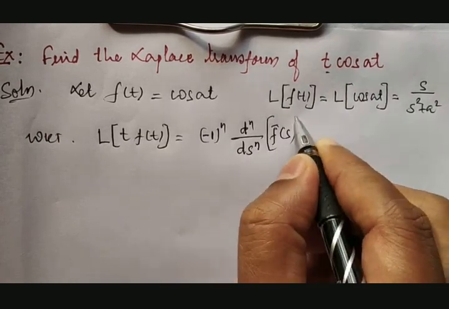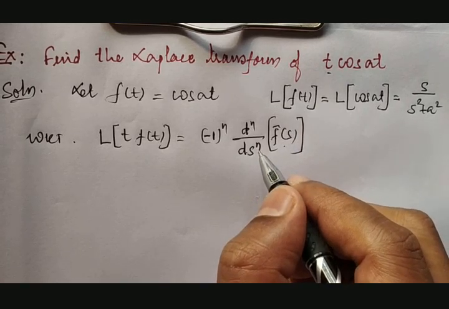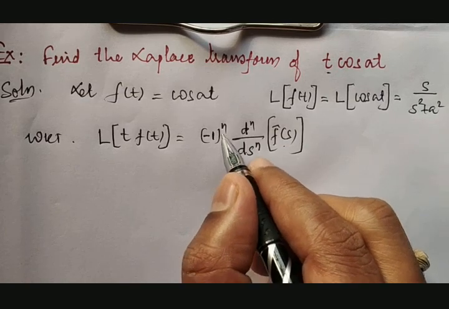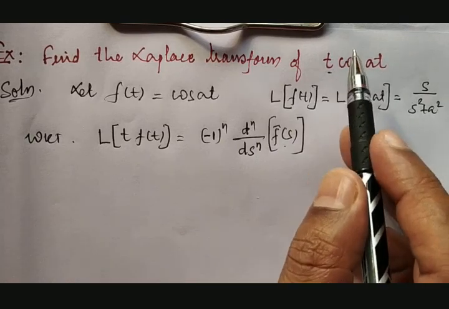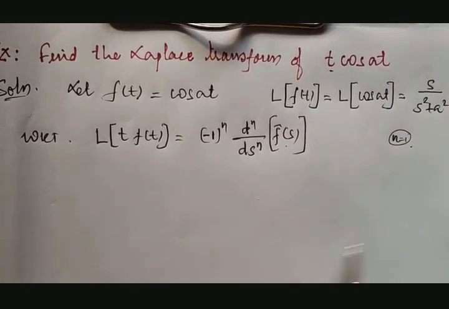So the derivative of this f bar of s, n number of times, will be multiplied by minus 1 raised to n. But in this case, you can see it is t raised to 1, meaning n is equal to 1 here.